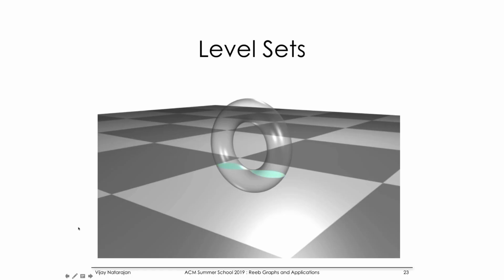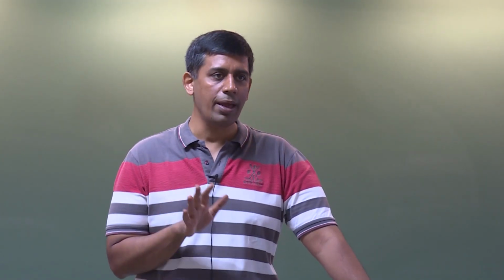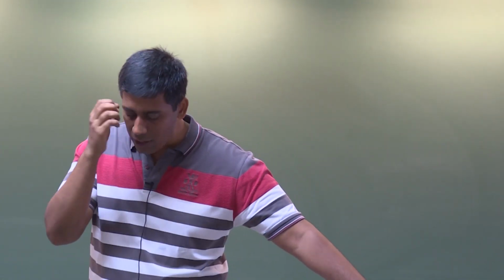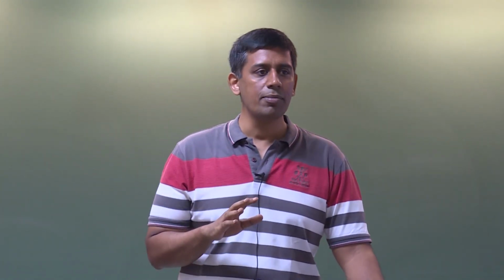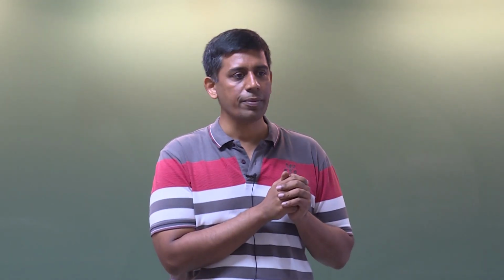So this is exactly where the Reeb graph comes in, right? I want to capture the change in this level set topology, right? And I want to capture it by looking at the quotient space, right? So in simpler terms, what we are doing is you are taking every connected component and shrinking it to one point.